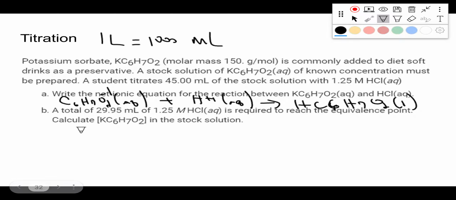So in these problems, it says a total of 29.95 milliliters of 1.25 molarity HCl is required to reach the equivalence point. Calculate the concentration, when we read those brackets as concentration, of C6H7O2 in the stock solution. And up here, it was talking about the stock solution.